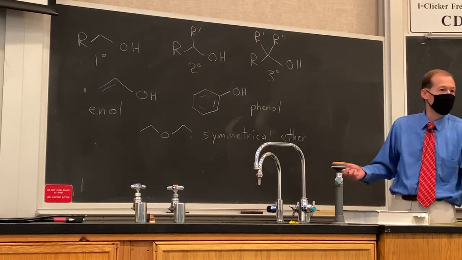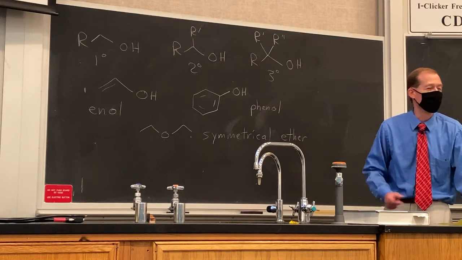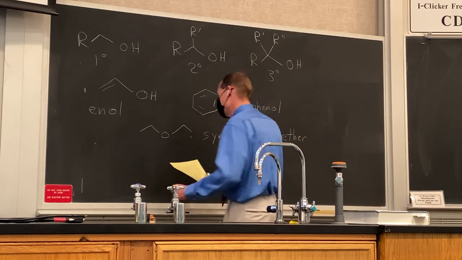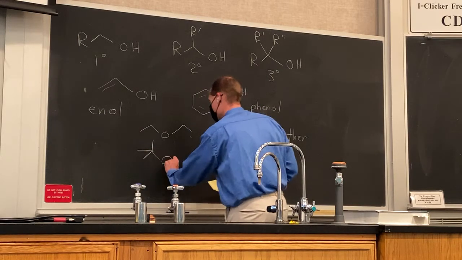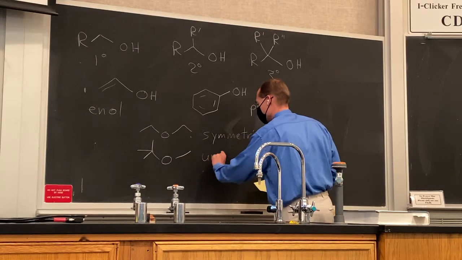This is a fun one to draw at this time of the year because it looks like a bat, so it's a nice Halloween type molecule. But we can also have ethers with two different alkyl groups. This one is an unsymmetrical ether.